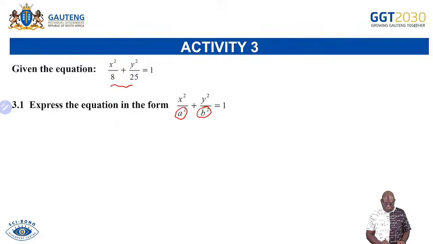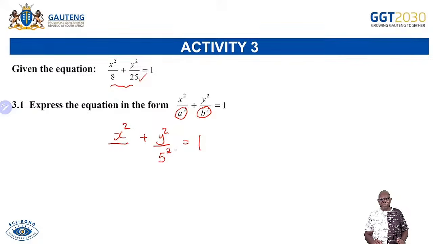So I can go x squared over, let me see, y squared over, what number can I square to give us 25? So that will be 5 squared. In this case here, it's the same, 25 and 5 squared. 8. What should I do? What number can I square that will give me 8?